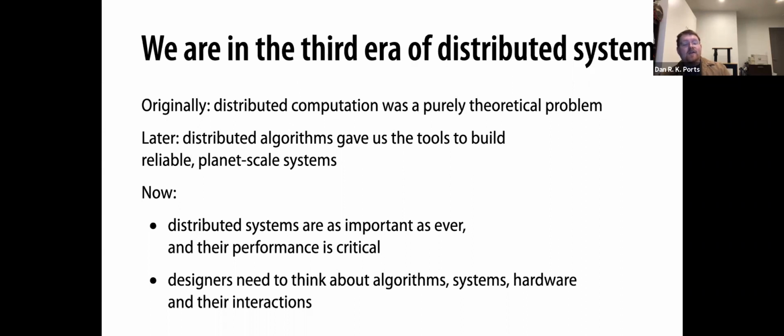So this is exciting, and challenging, because it means that designers need to think about their distributed algorithms, their distributed systems, their hardware and their networks all together and how they interact, which gives us a lot of opportunities to think about the system as a whole and to do some interesting co-designs.